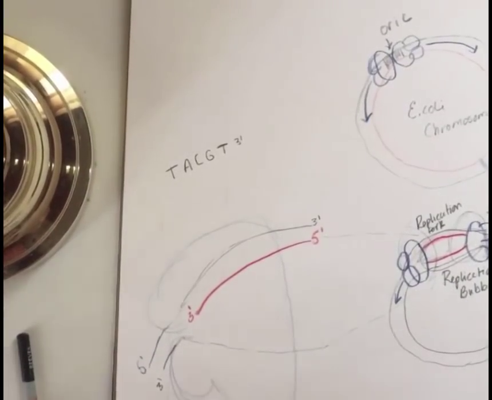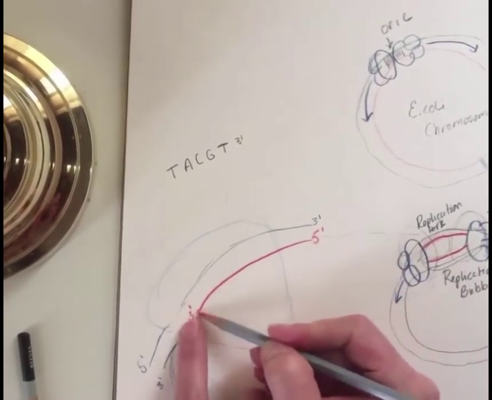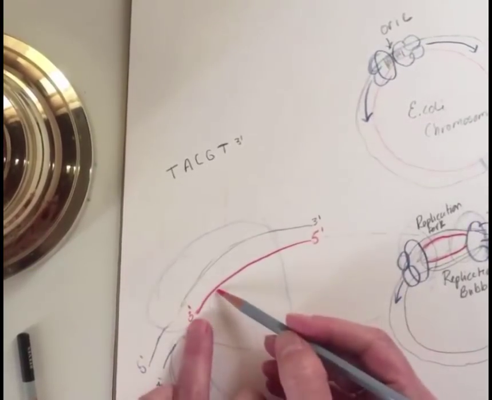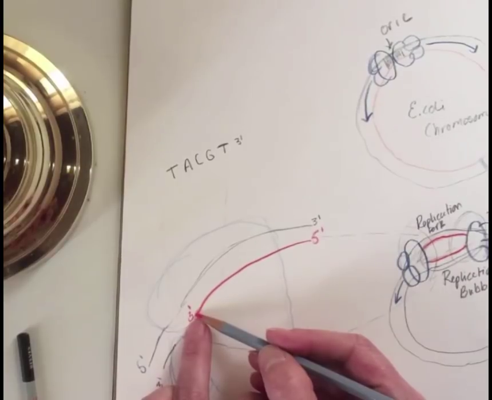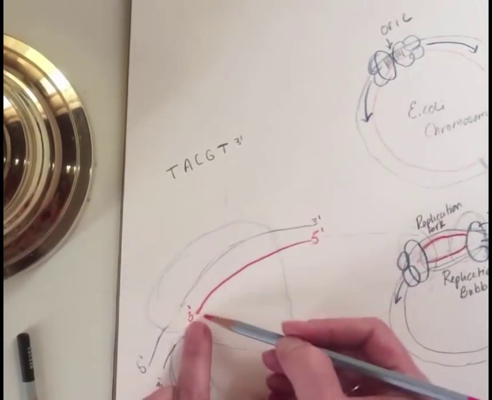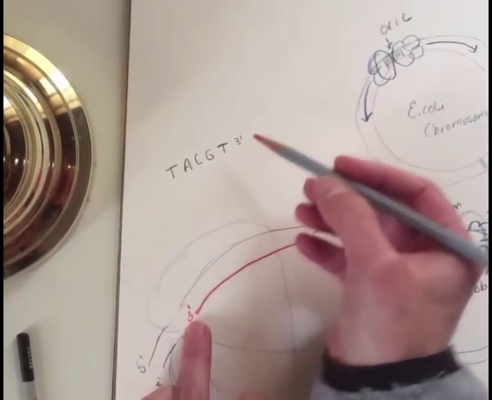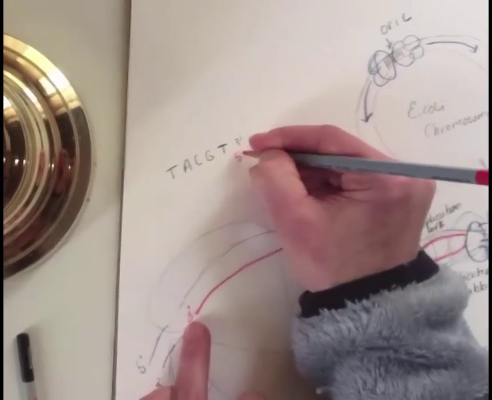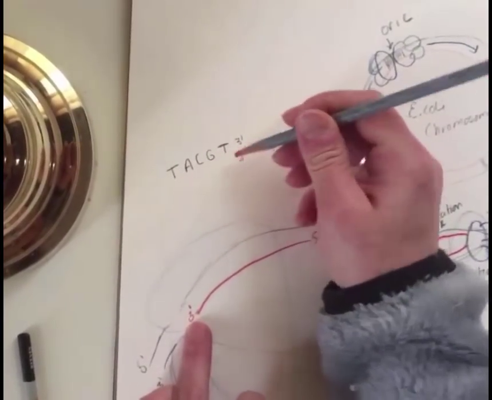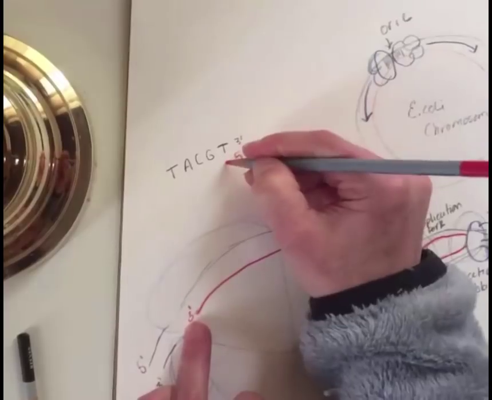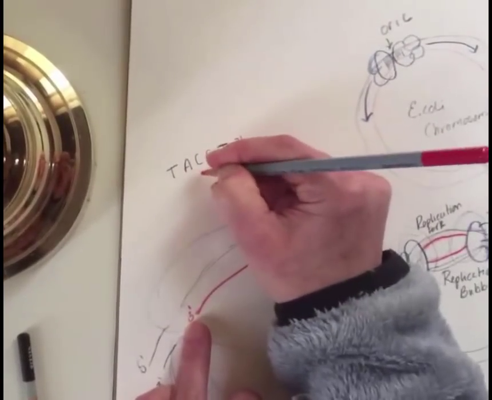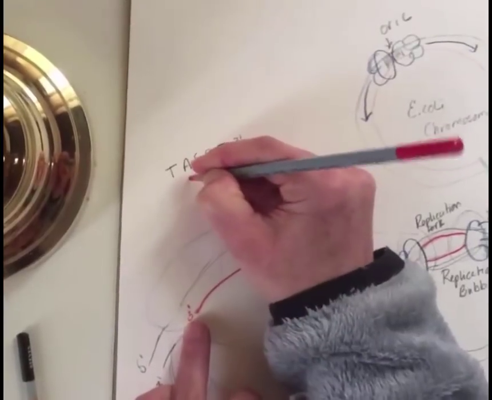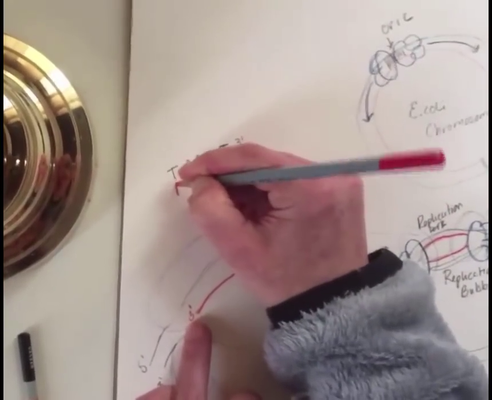And then, of course, as DNA polymerase, the enzyme in the replisome, makes this new strand of DNA, it's pairing with that one. So anti-parallel, and then T is going to bind to A, G to C, C to G, A to T, T to A, right?